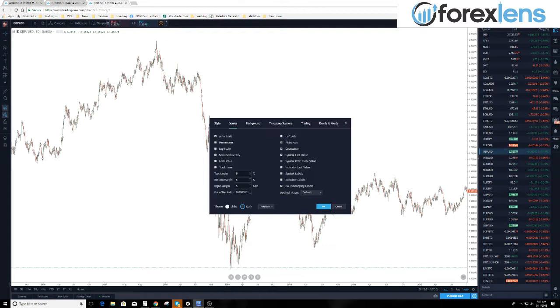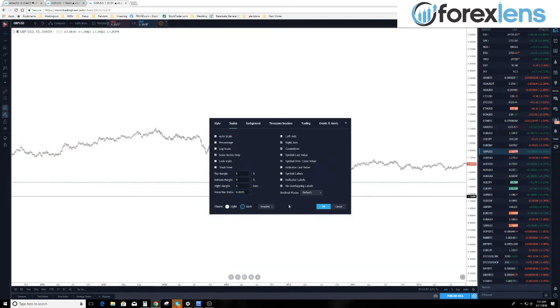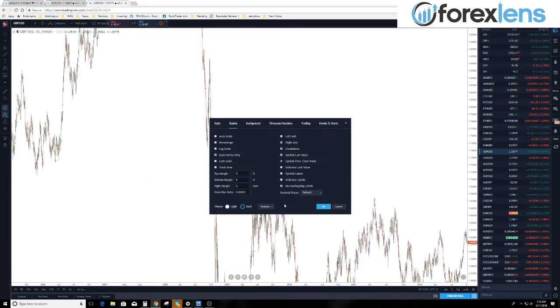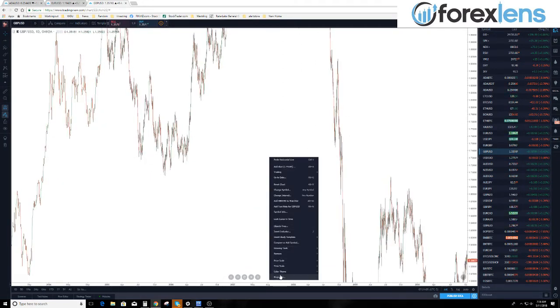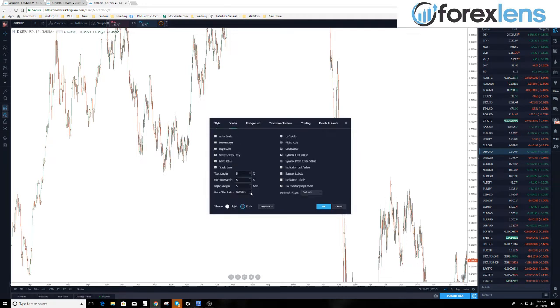Right now it's set at 0.00. I think we might want to go to, oh no, that's way too tight. 0.0025. Yes, that is what we want. So again, go to scales, type in 0.0025. So 2.5 pips is the price to bar ratio. All right. And then we're going to hit OK.